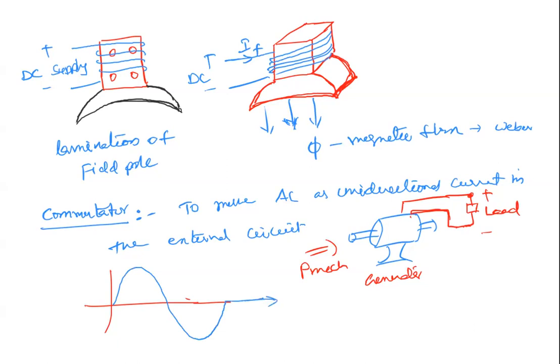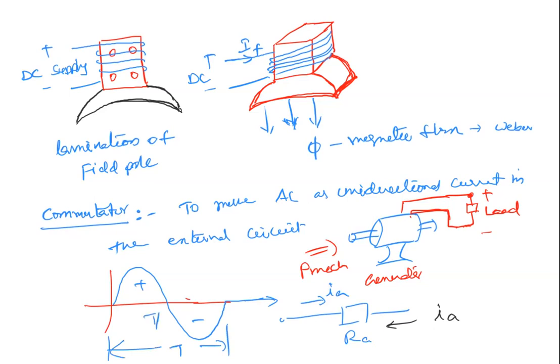So it has a positive half cycle and a negative half cycle, right? If you take an element like a resistor, an inductor, or capacitor, whatever it is, during the positive half cycle, current will flow in this direction. In the negative half cycle, current will flow in the reverse direction. Say it is resistor RA, and this is the period of the waveform, so this is T by 2 here.